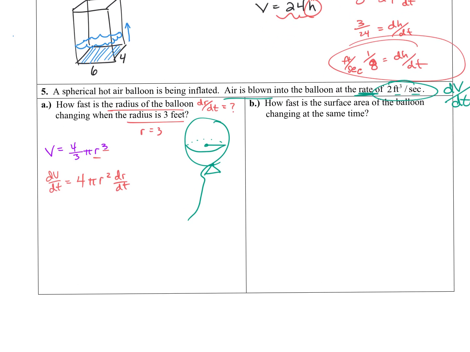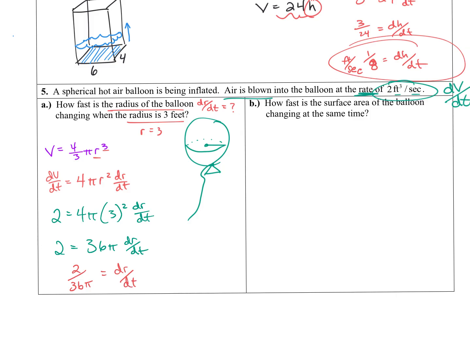Fantastic. And now let's plug in all the values that we know. We know dV/dt is 2. We know that r is 3 at this moment in time. And we got 2 equals 4 times pi times 9, 36 pi dr/dt. One little algebra step. 2 over 36 pi equals dr/dt.